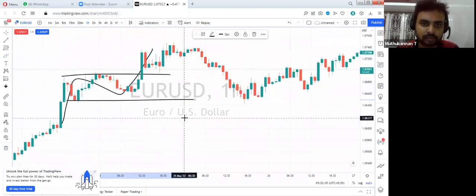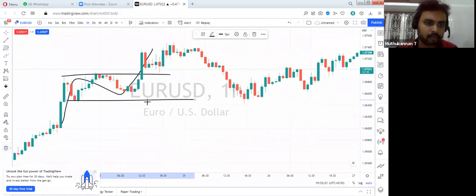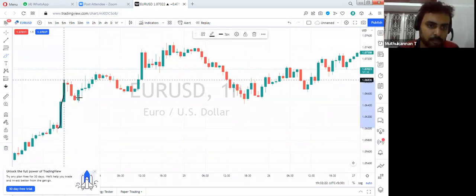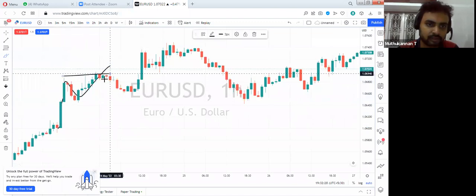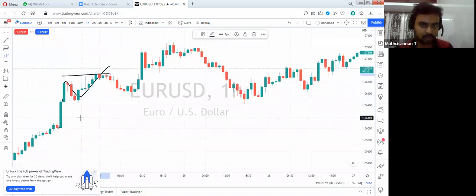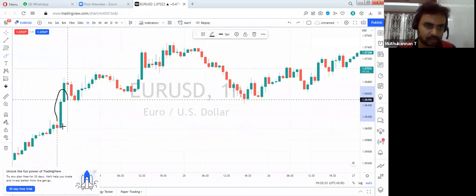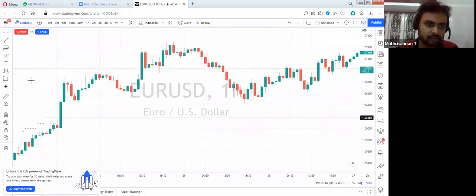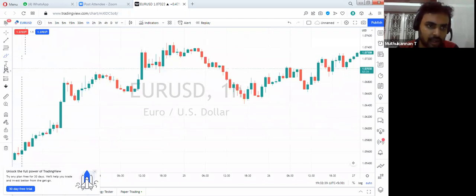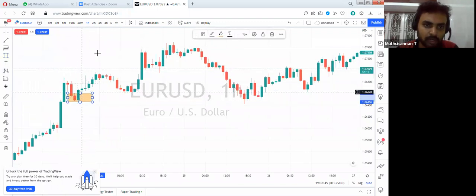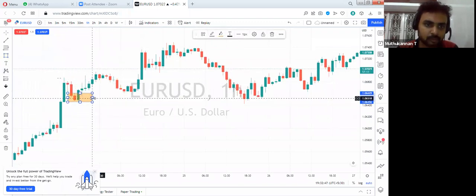There is a break of structure, right? But here we are not going to consider this rally. Here we will be marking only the last bearish candle. Where is the last bearish candle? This is my last bearish candle before the up movement. This is my bullish order block.